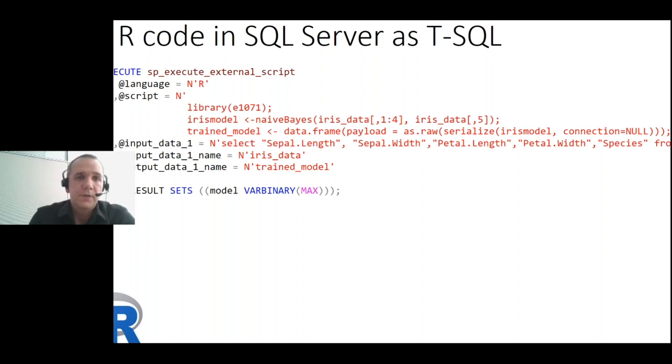And then this script pushes the data to our server and returns the results. In this case, with this SQL Server with R script embedded, I'm returning a predictive model for prediction.